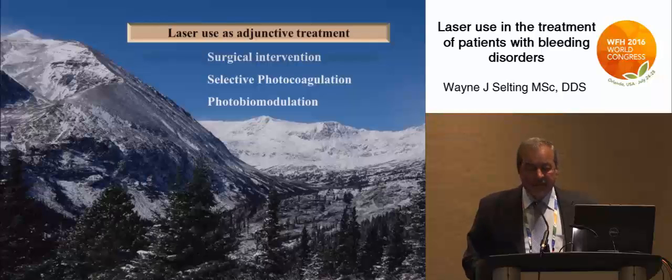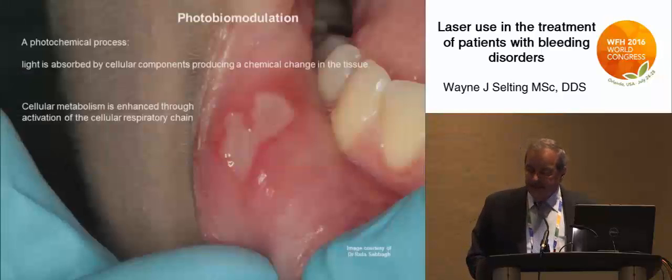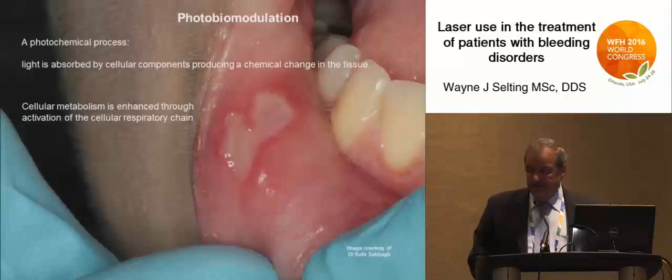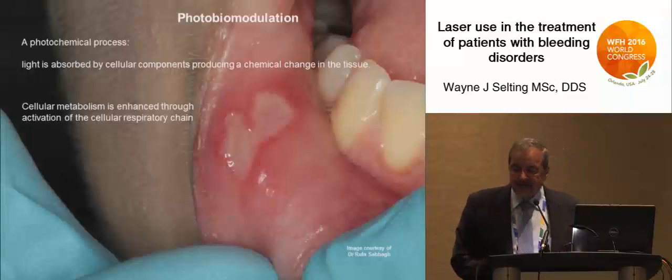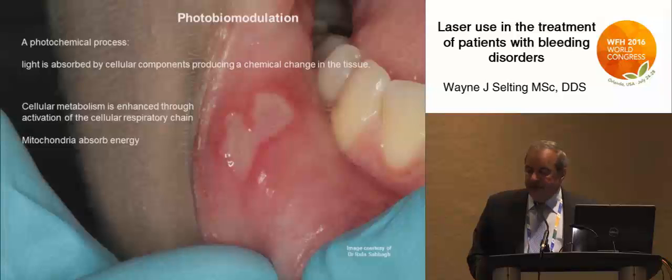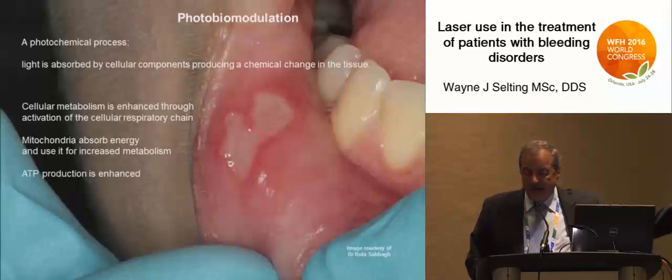Now we're going to talk about what Lochna has shown you before, photobiomodulation, low-level laser therapy. It is a process where light is absorbed by the cellular components. What happens? The cellular metabolism is enhanced through activation of the cellular respiratory chain. Okay, what does that mean?